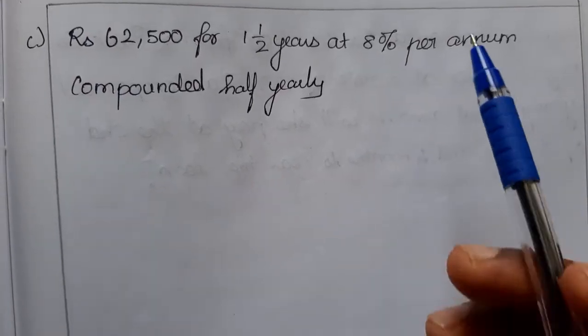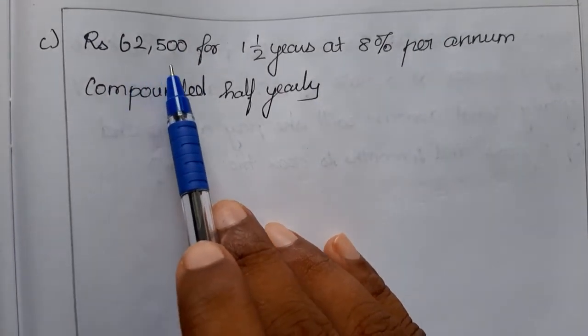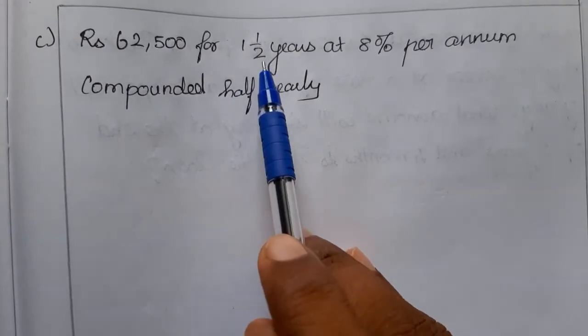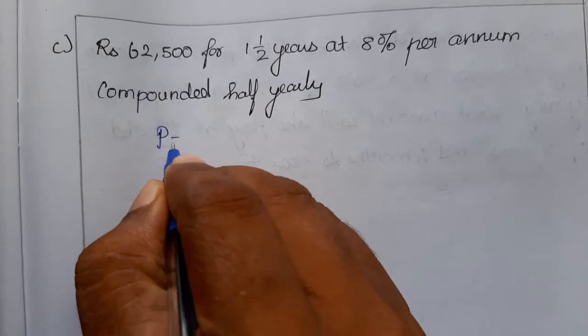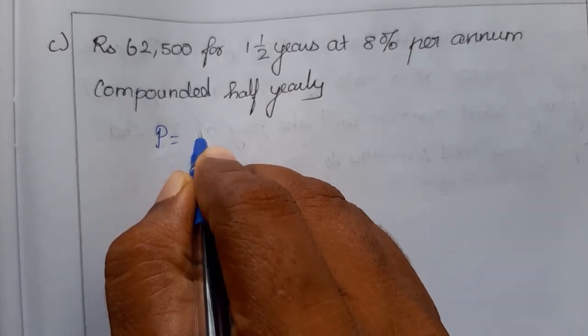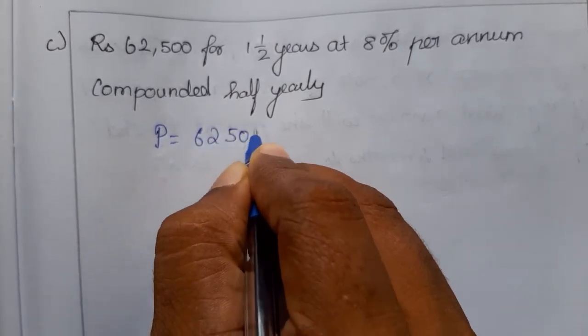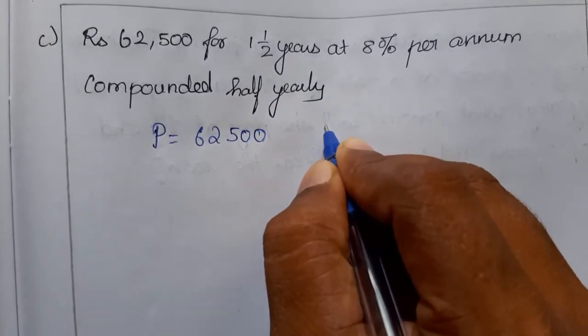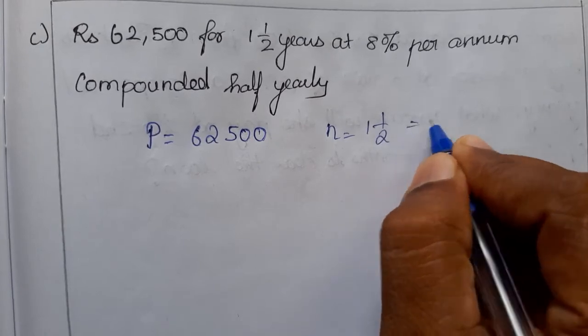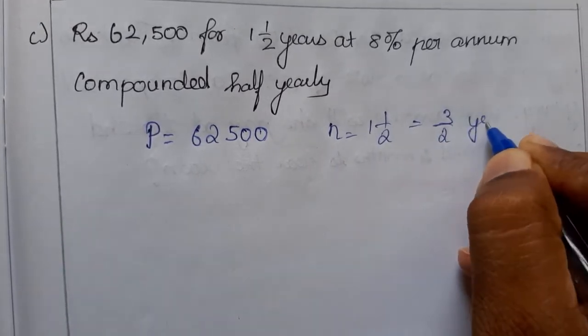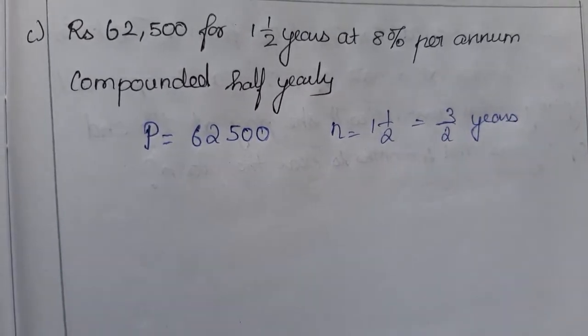So here we come to the next problem: rupees 62,500 for 1.5 years at 8% per annum. Let's write down the details given. The principal is given as 62,500, and the time is 1 1/2, that means 3/2 years, correct?